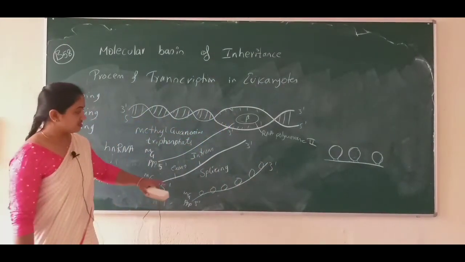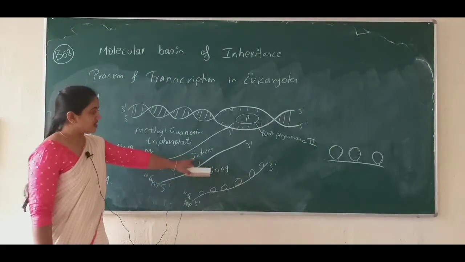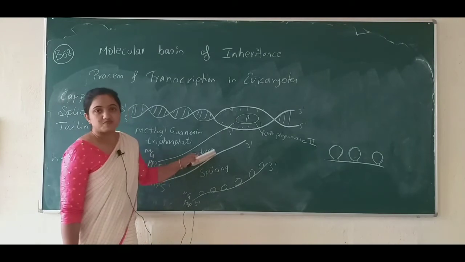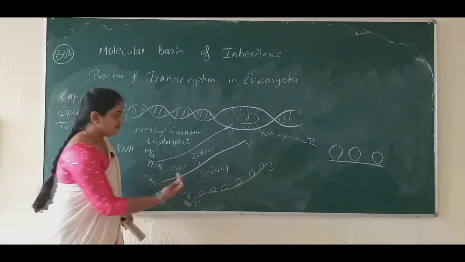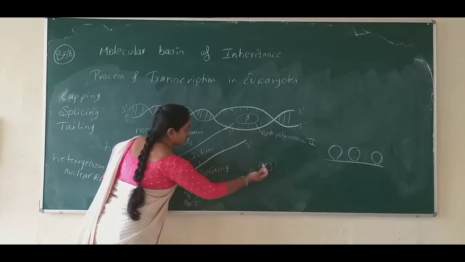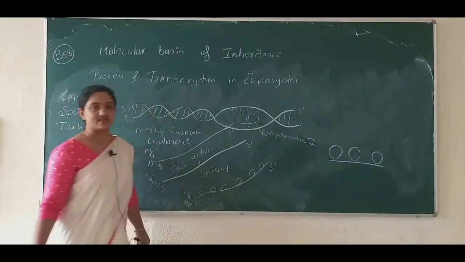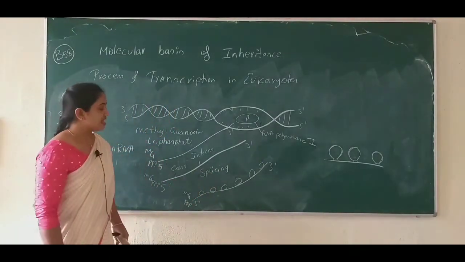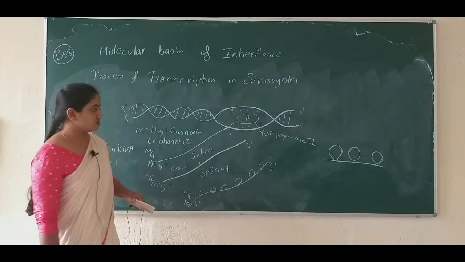From the splicing, all the non-functional parts or non-coding parts, known as introns, will be taken out, or will come out from the hnRNA strand. Now what will happen?